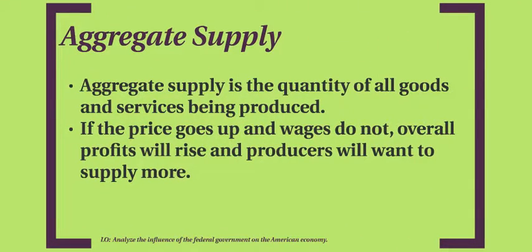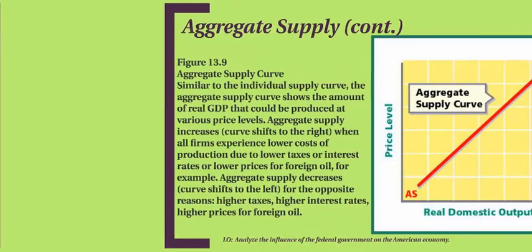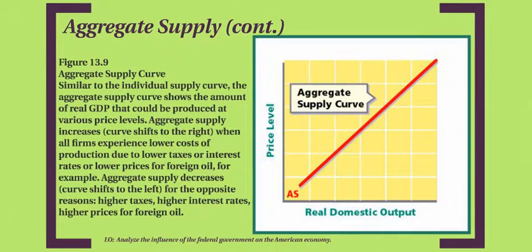Aggregate supply. Aggregate supply is the quantity of all goods and services being produced. If the price goes up and wages do not, overall profits will rise and producers will want to supply more. Here's a look at the aggregate supply curve. Similar to the individual supply curve, the aggregate supply curve shows the amount of real GDP that could be produced at various price levels.